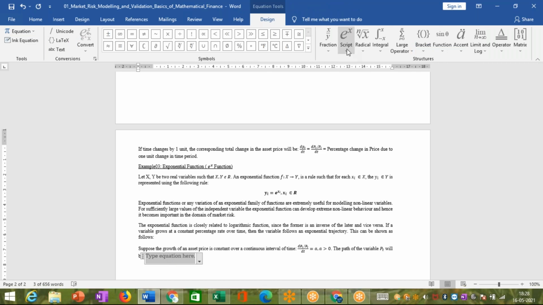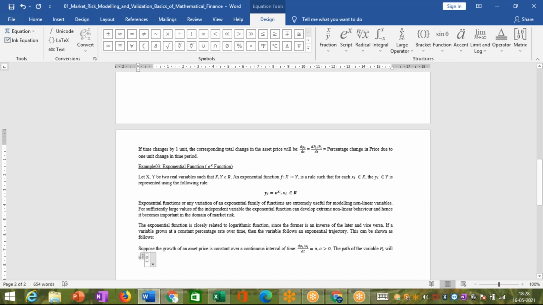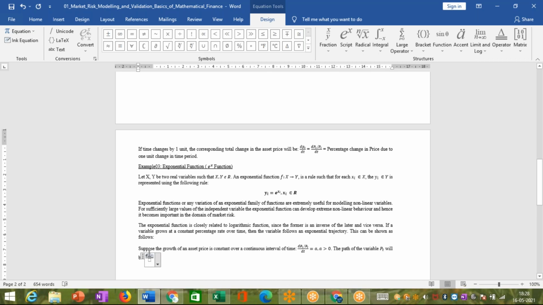So let's try to put it here. So this is dPT by PT, which is equal to a dt, right?